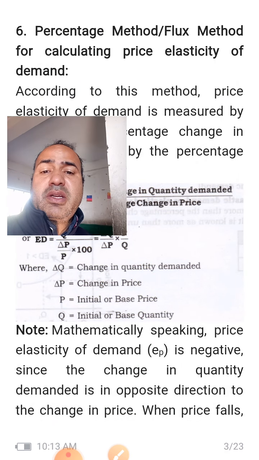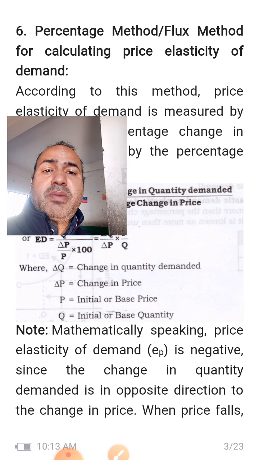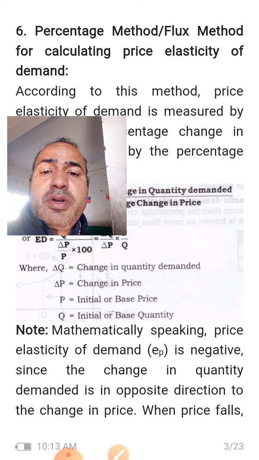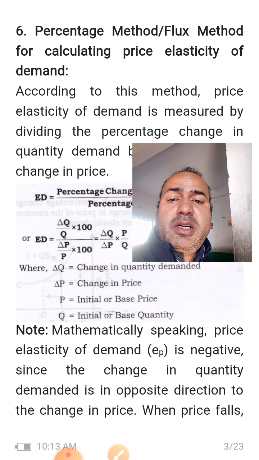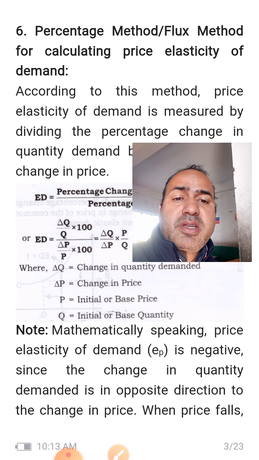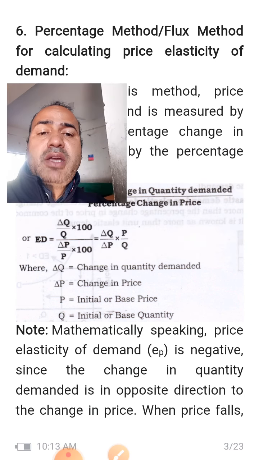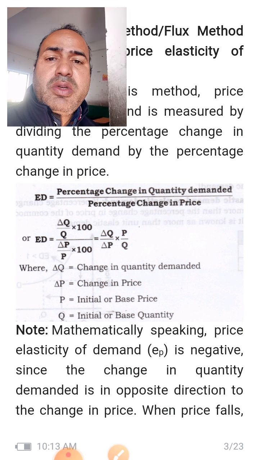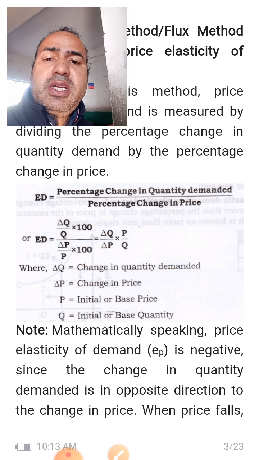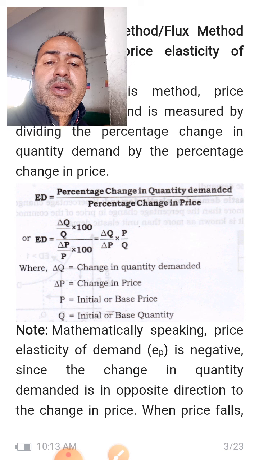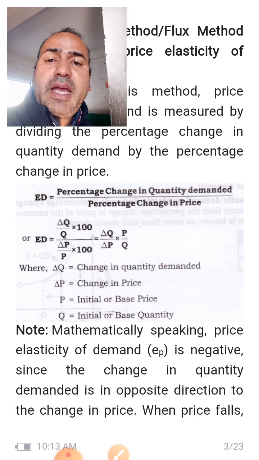First we understand the percentage method or proportional method for calculating price elasticity of demand. According to this method, price elasticity of demand is measured by dividing the percentage change in quantity demanded by the percentage change in price. Here we write ED, elasticity of demand, equal to percentage change in quantity demanded upon percentage change in price.